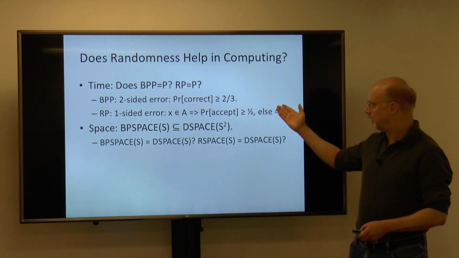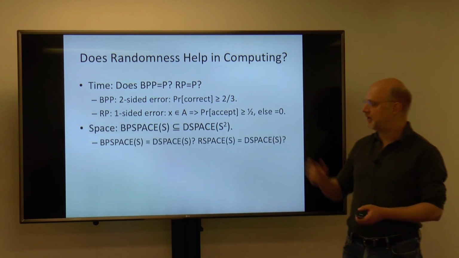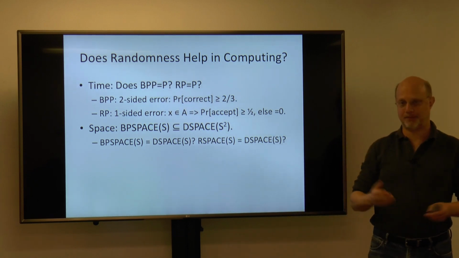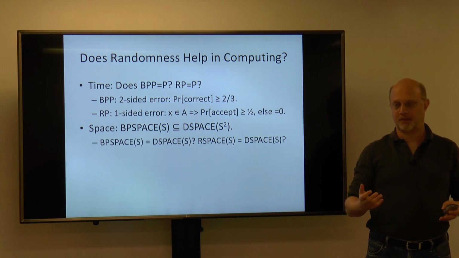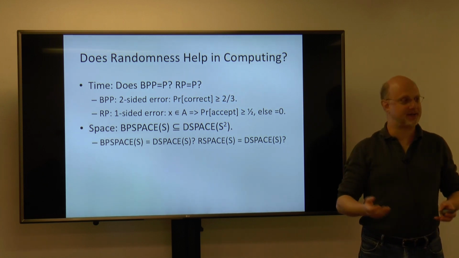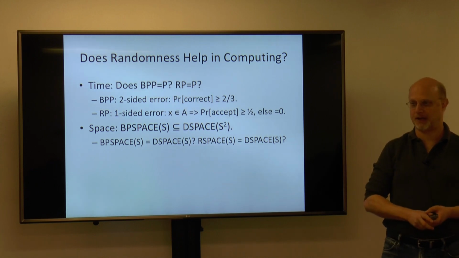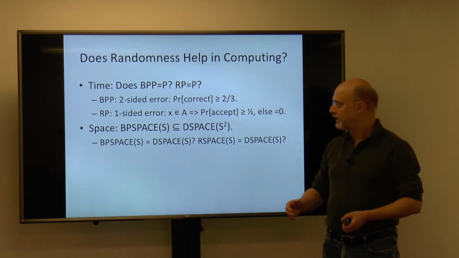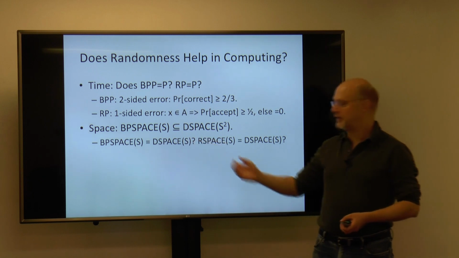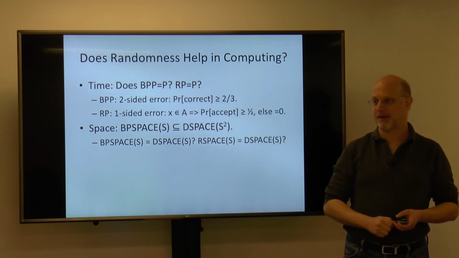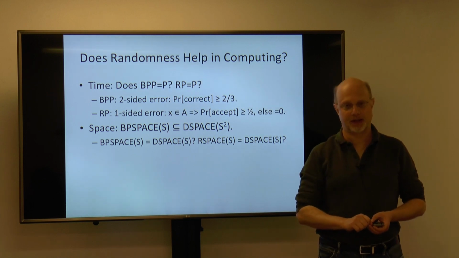You can also look at these questions in the context of space. Are randomized space-bounded algorithms any more powerful than deterministic space-bounded algorithms? Of course, Savitch showed that non-deterministic space S is contained in deterministic space S squared.